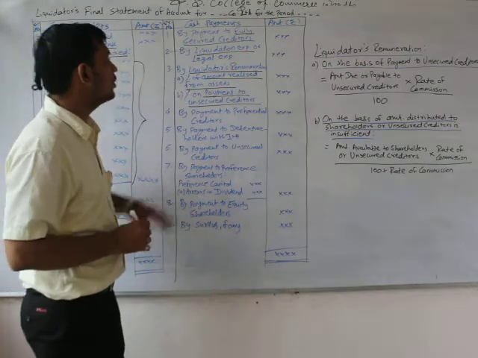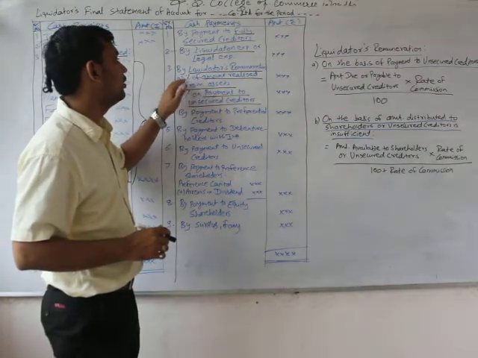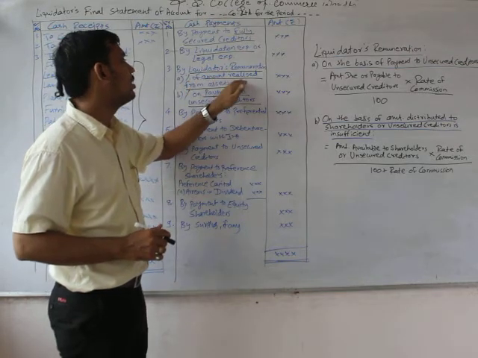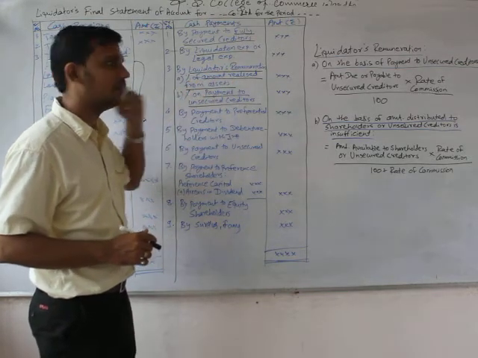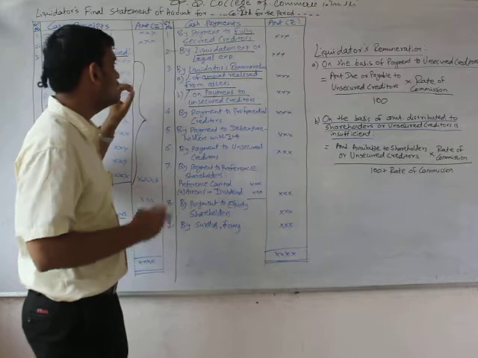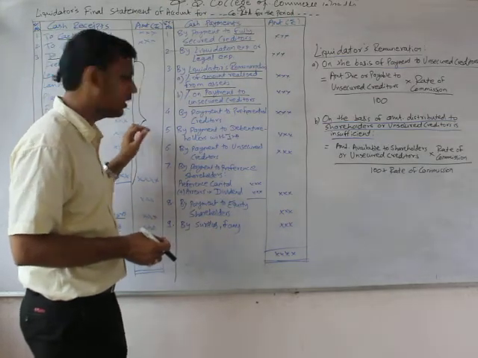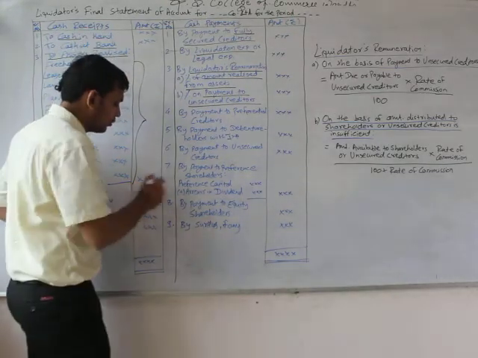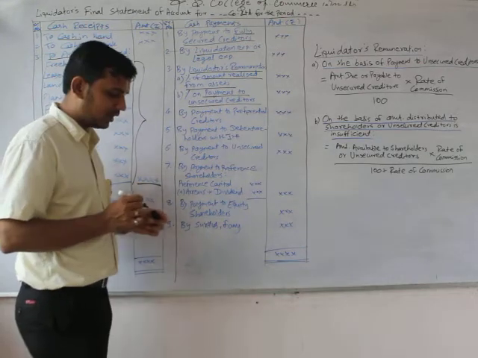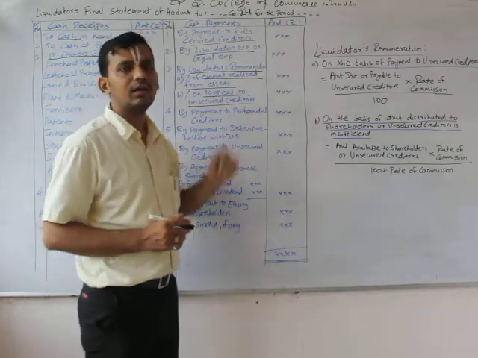When we speak of the former, that is a percentage of amount realized from assets, say 10% of assets realized, we can directly calculate the total and take 10% as the liquidator's remuneration.